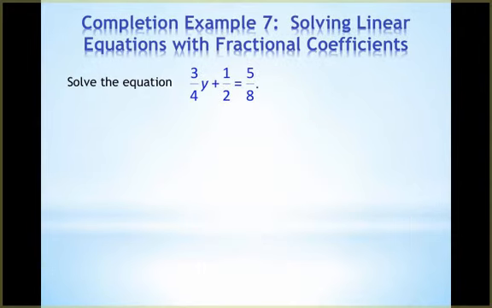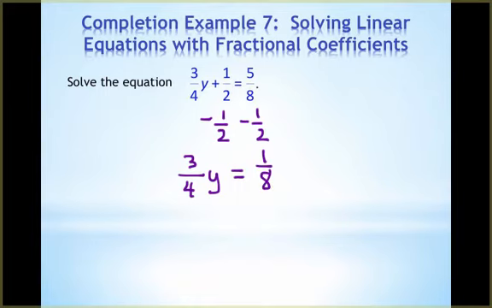Let's look at another fraction problem. This time we don't have any like terms, so we'll start by getting rid of the 1/2 by subtracting 1/2. If I take 5/8 minus 1/2, that's going to give me 1/8. Then if I want to get rid of 3/4, let's multiply by the reciprocal, 4/3.